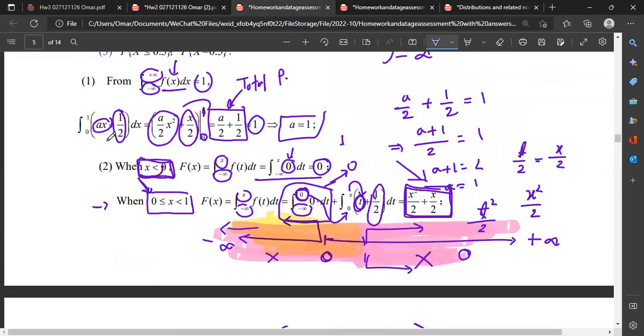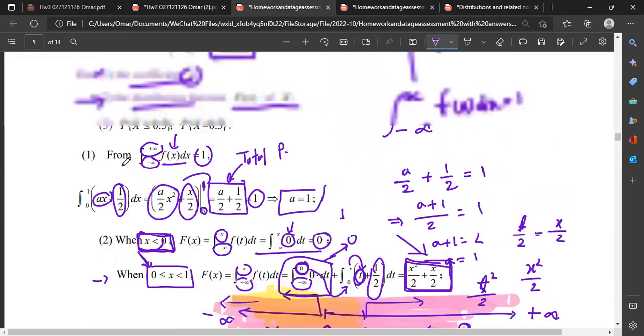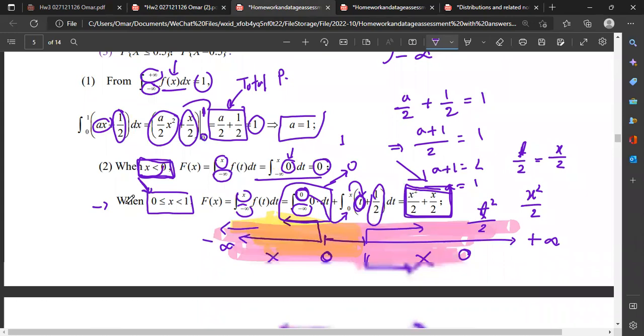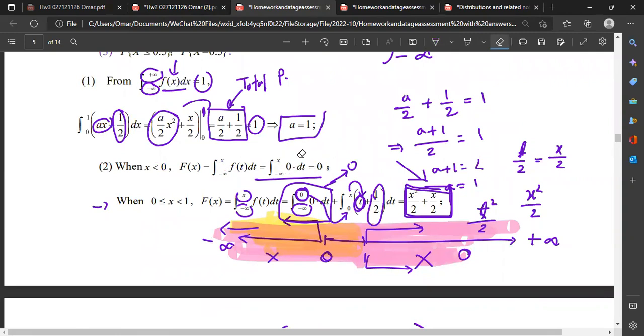So as you see here, for the first one, when x is less than 0, the value is 0, right?